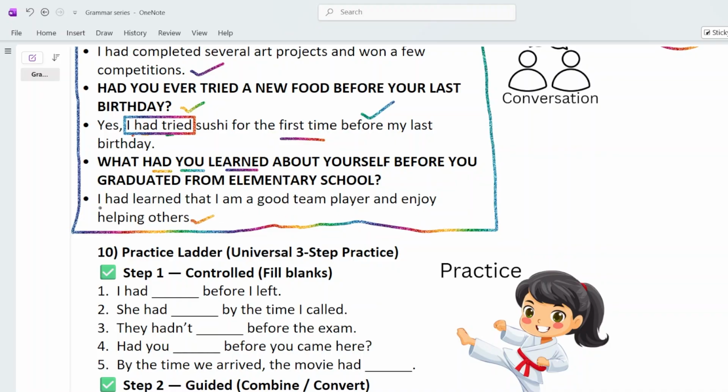As I told you, you can stop here. I had learned that I am a good team player. Your answer could just be this. However, to accentuate the way you talk, you can go ahead and add some more extras.